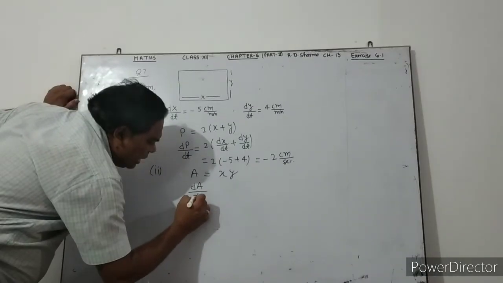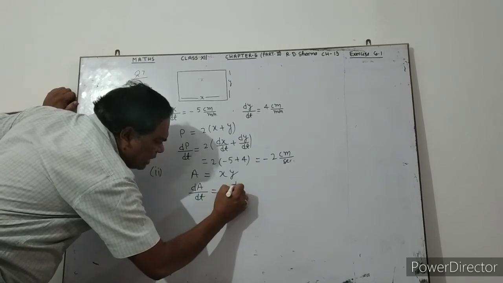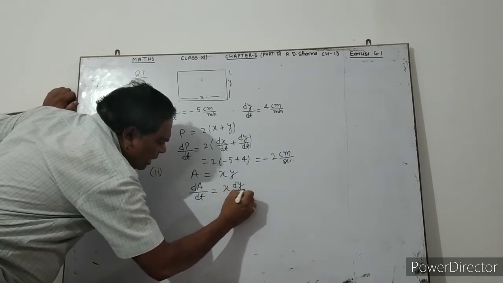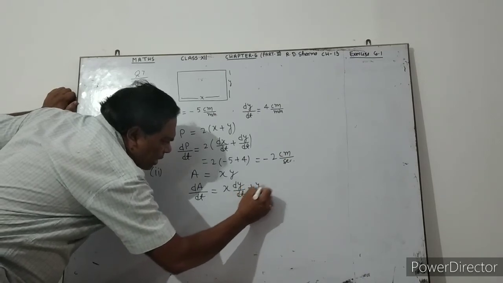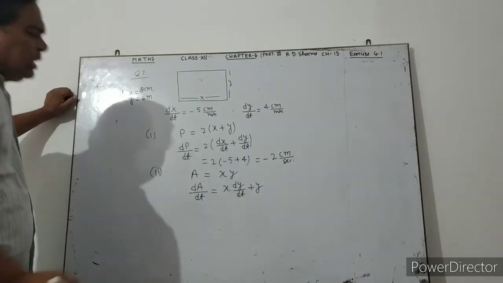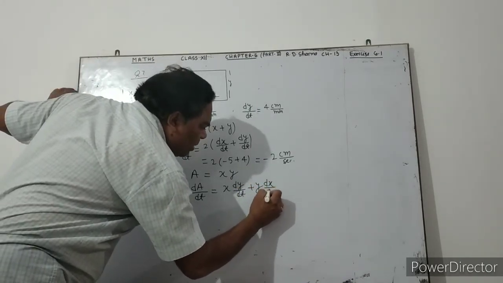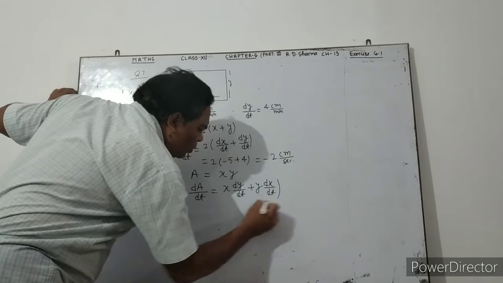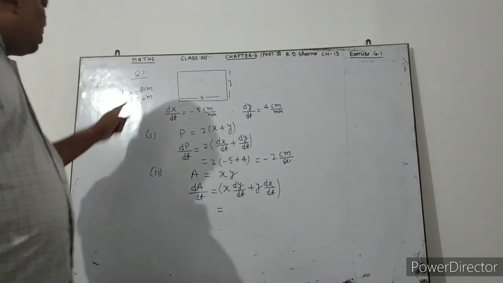dA upon dt is the first function x, times the differentiation of the second, dy upon dt, plus y times the differentiation of x, dx upon dt. Now, the value of x is given. What is the value of x?